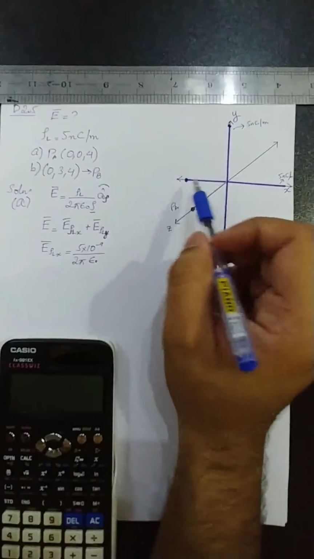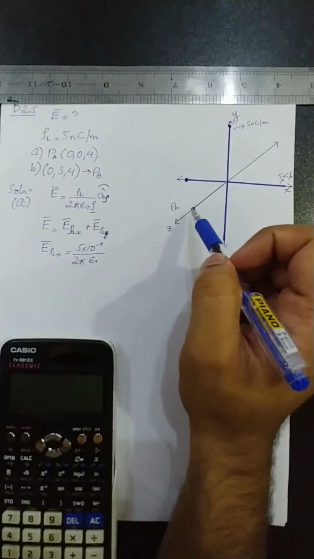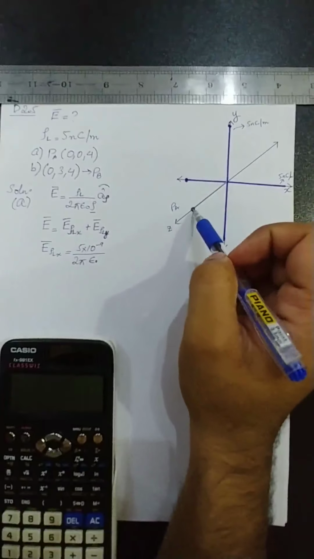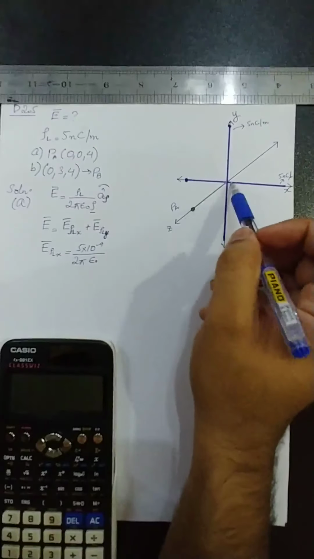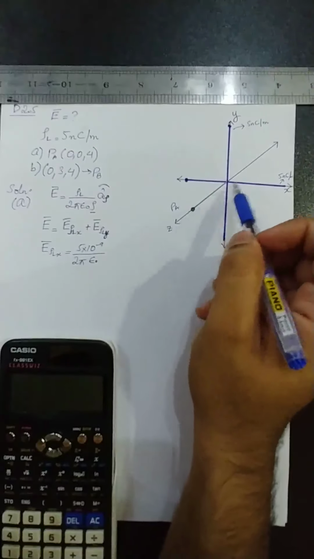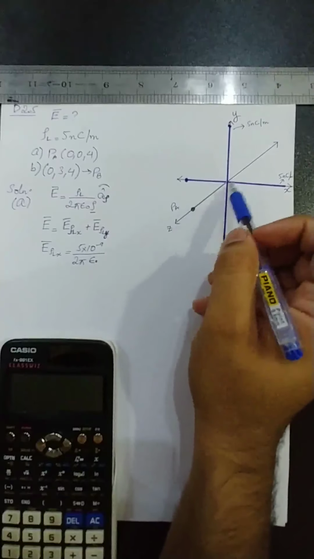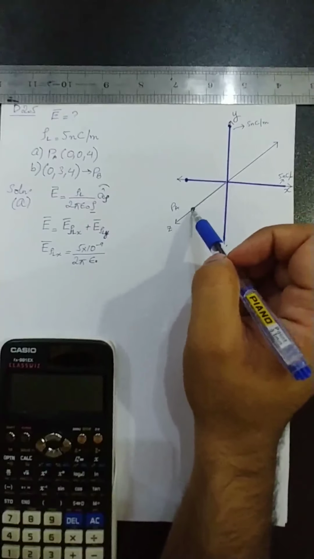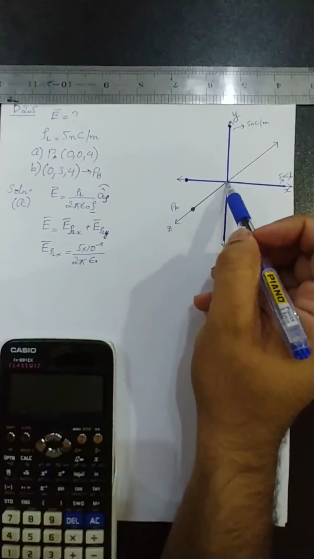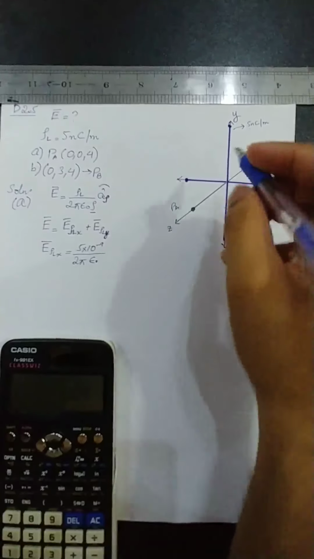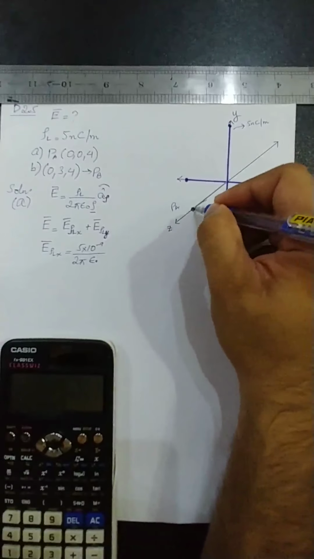We already know that if I'm on the z-axis and I want to find the perpendicular distance to the line charge on the x-axis, in which direction would the perpendicular go? The perpendicular line will follow exactly the z-axis and will reach the origin. So actually this is the distance which is required.